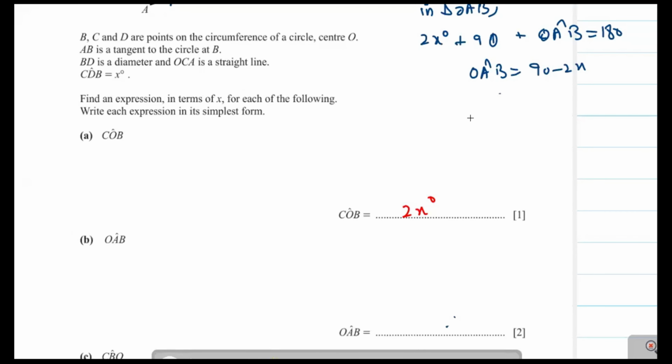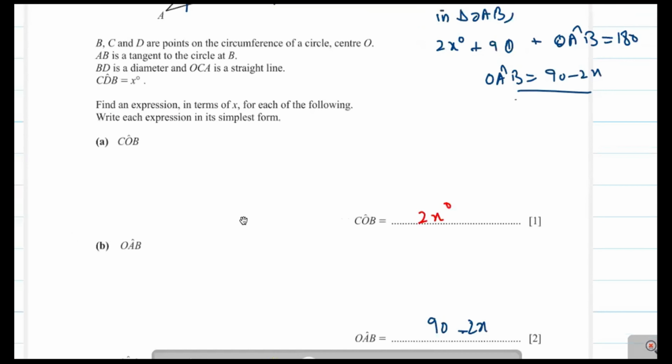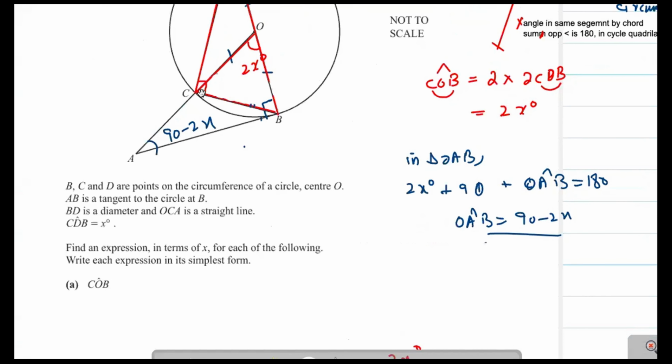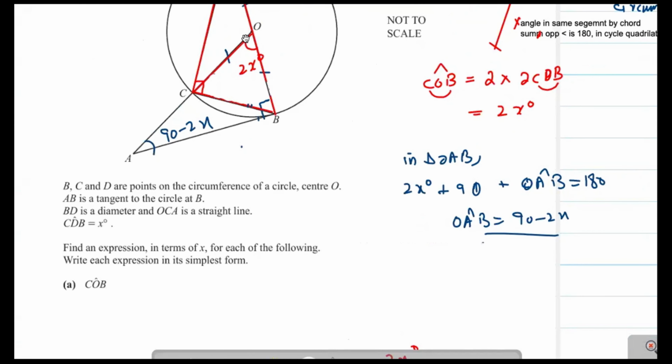Now part B is the AOB angle. We see here that 90 minus 2x is the angle. Next is the angle CBO. You can see here, this is the triangle CBO. This is an isosceles triangle. Therefore, with CB as the base side, the angle at B and angle at C will be equal. Suppose we name it b and b. Now the sum of interior angles of the triangle will be equal to 180.